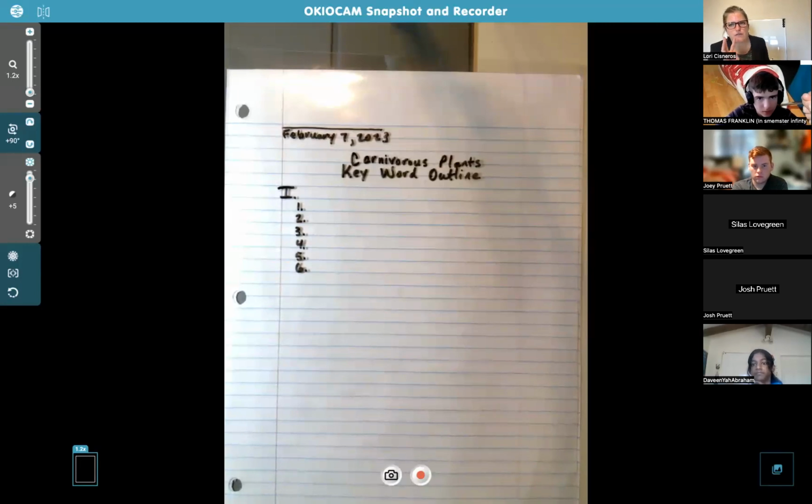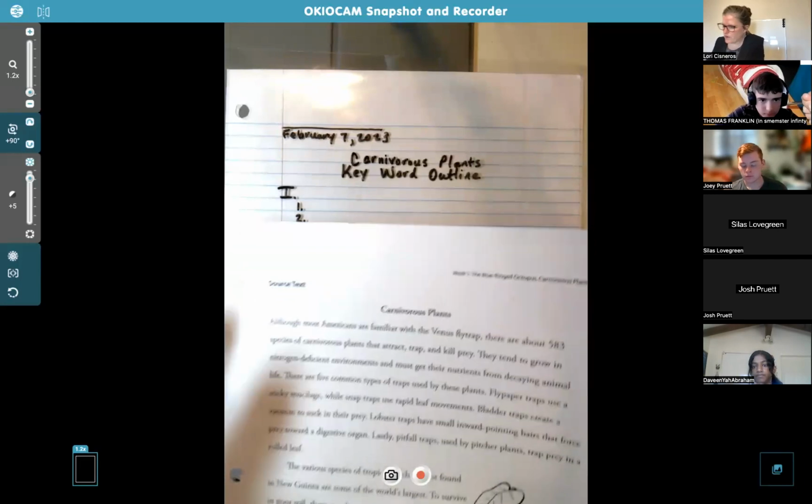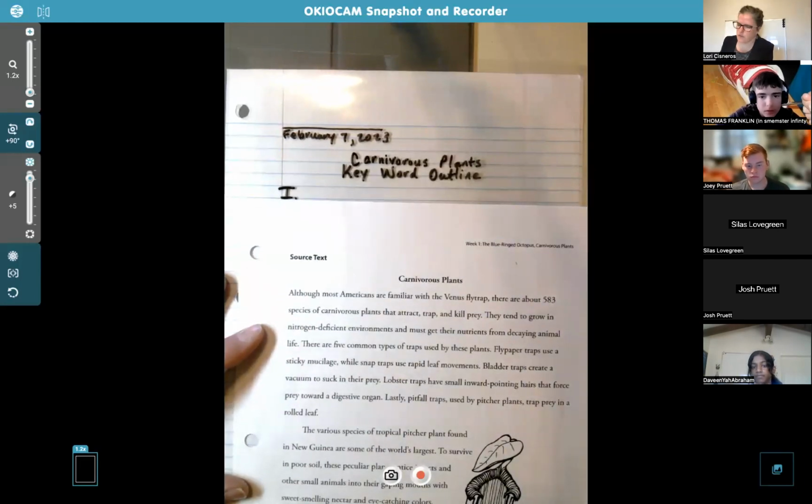So you do need to have 3 keywords, but you can have those other things for free. And then the other rule is to put commas between each word. So like you did with the blue-ringed octopus, we're going to do that for carnivorous plants. And for now, we're going to do sentence by sentence, okay?